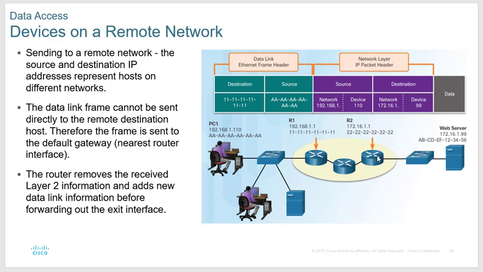And then when this router gets it, it removes the layer 2 information and puts new layer 2 information here. So this web server, every time it receives something, the source MAC address is always going to be this router. And because of that, you can't really track things using the MAC address. You can only track things with a MAC address on the local network, because routers remove that MAC address information and replace it. And again, we'll talk about that eventually.